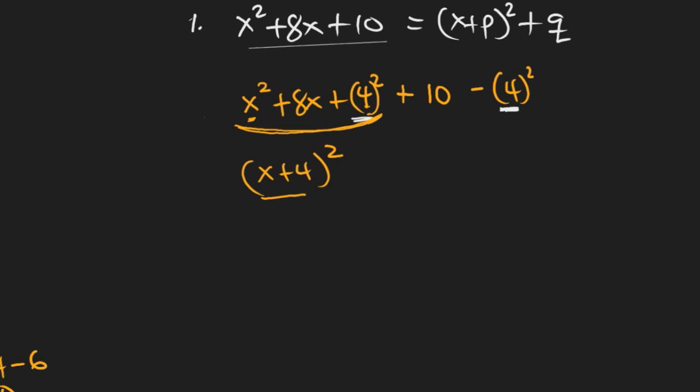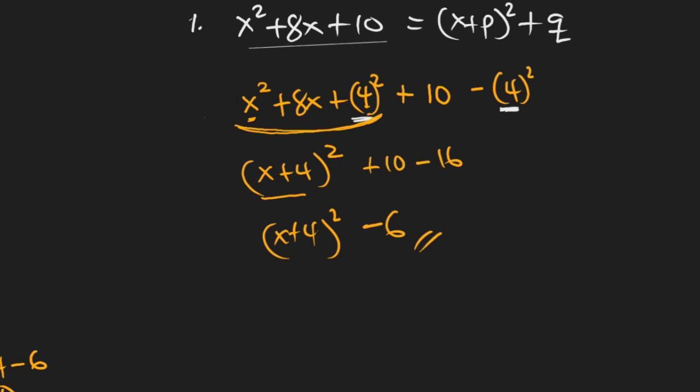And then I do this. So this gives me plus 10 minus 16. So that's x plus 4 all squared, this gives me minus 6. So you can either use the first method I taught you, or you can also use this method.